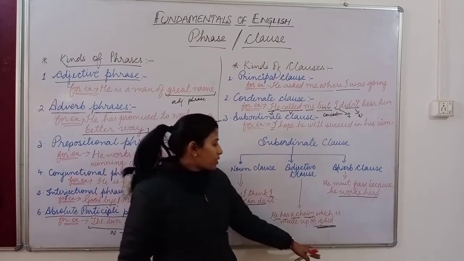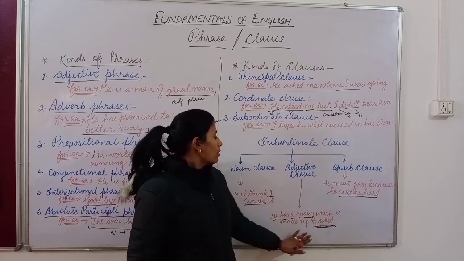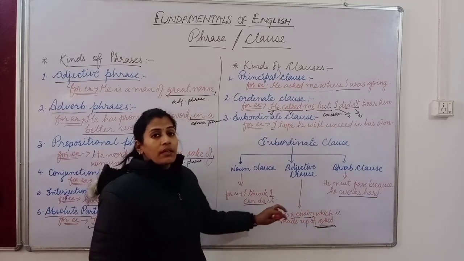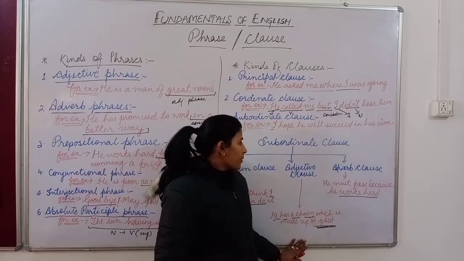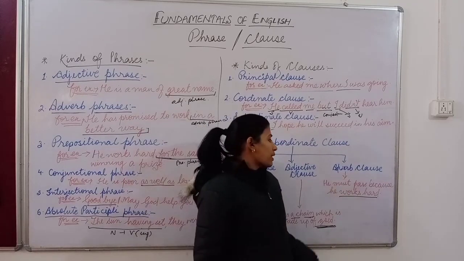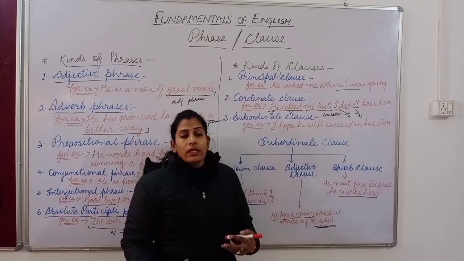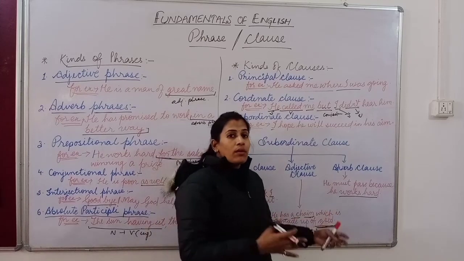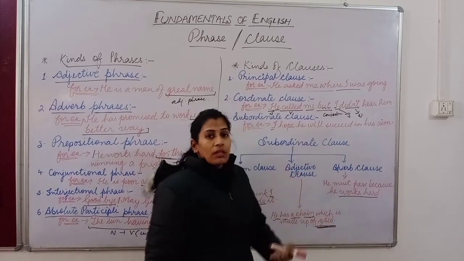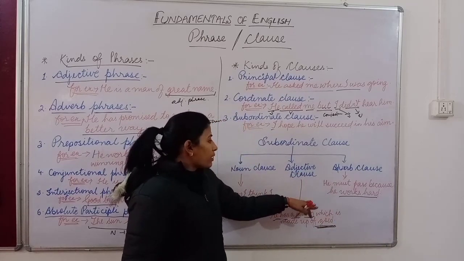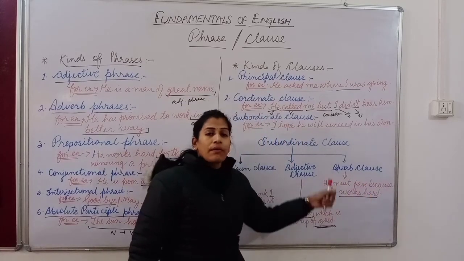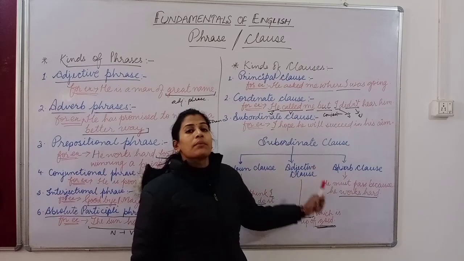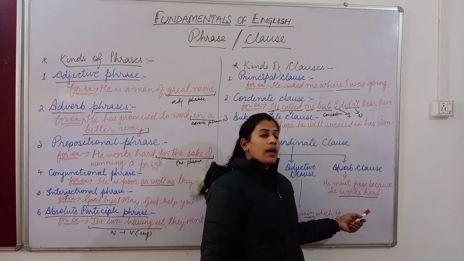That explains the adjective of the sentence. Third, adverb clause. An adverb clause is a clause which uses multi-word expression for expressing our thought. For example, he must pass because he works hard. Here we are assured that he must pass because he works hard.